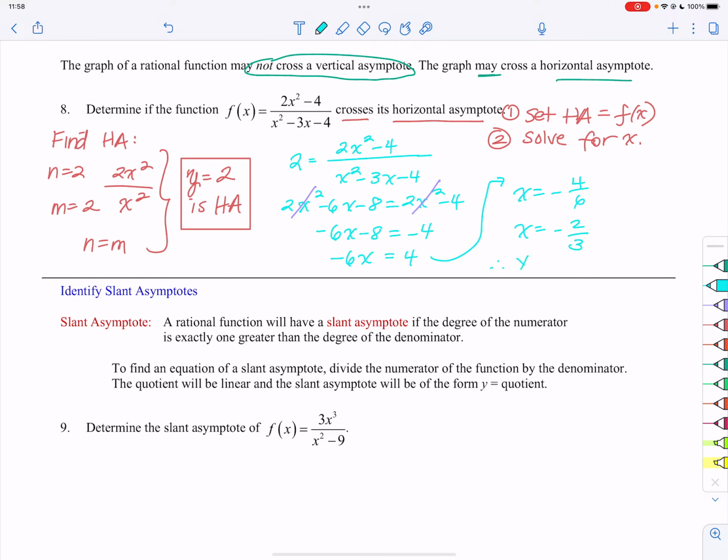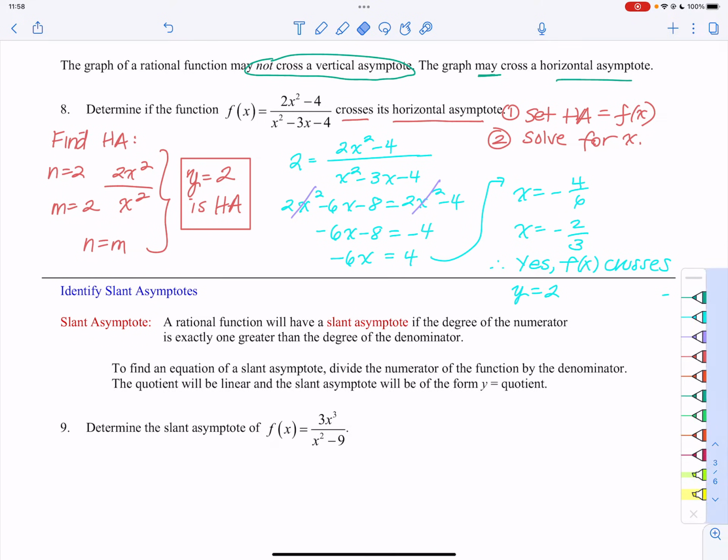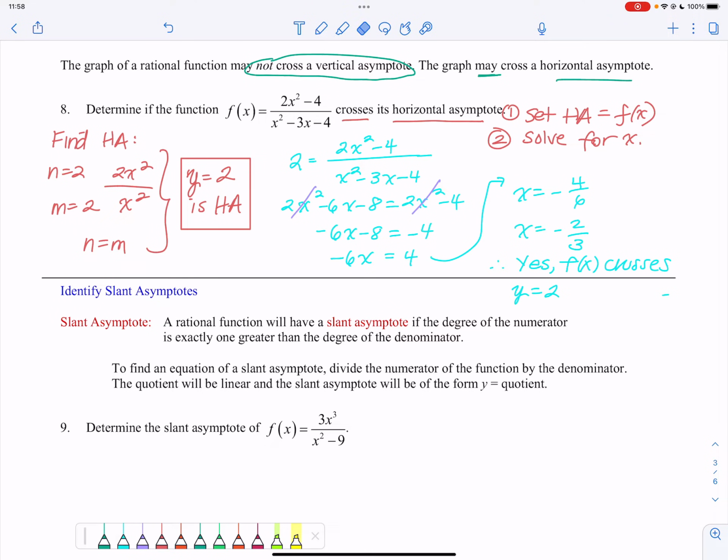So therefore, yes, f of x crosses y equal to 2 at x equals negative 2/3.